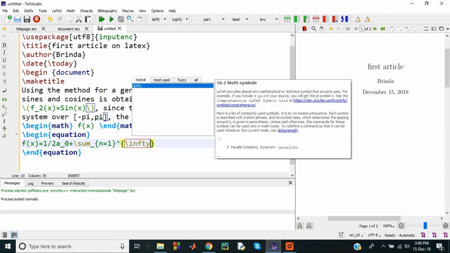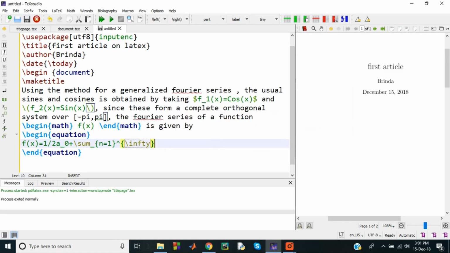Infinity will display the infinity symbol. a subscript n cos nx, plus summation b n sin nx from n equal to 1 to infinity.